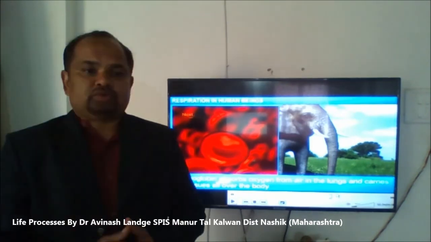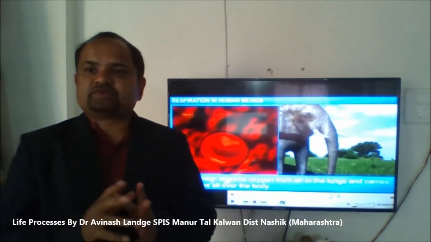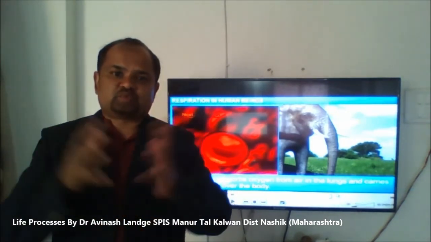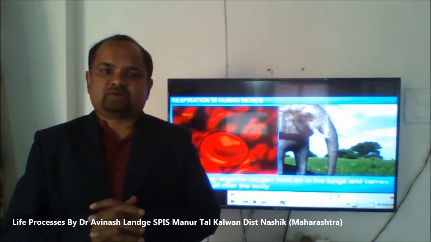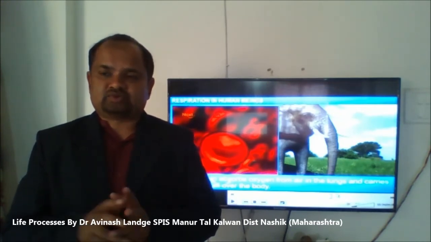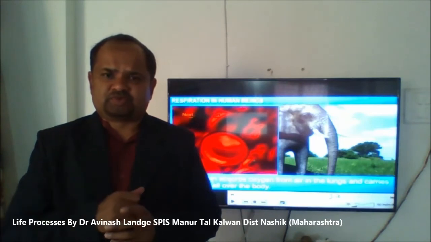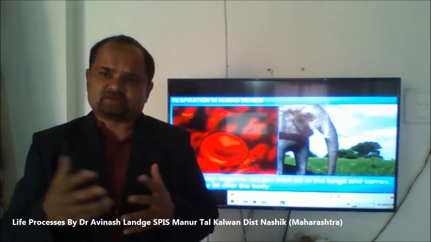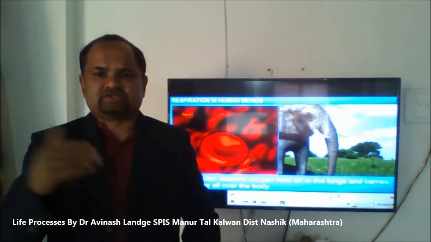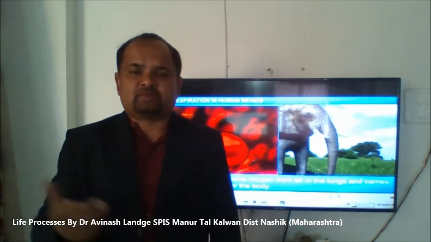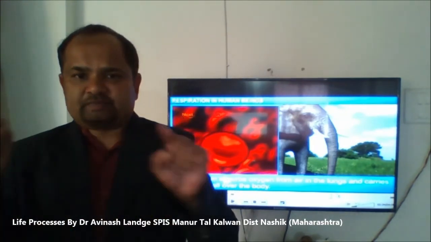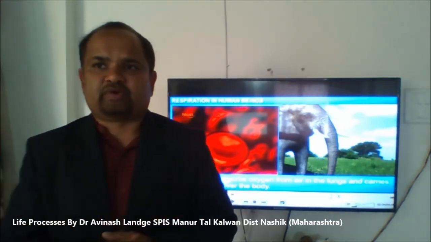what happens in unicellular organisms. A unicellular organism's body is exposed to the environment. So with the help of the process of diffusion, they can exchange gases or some materials also, like oxygen they can take in and carbon dioxide can be sent out, because the surface area is exposed to the environment.